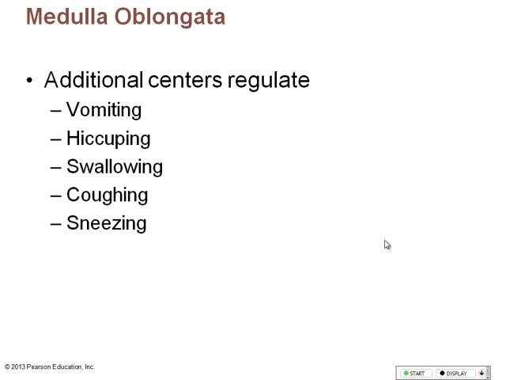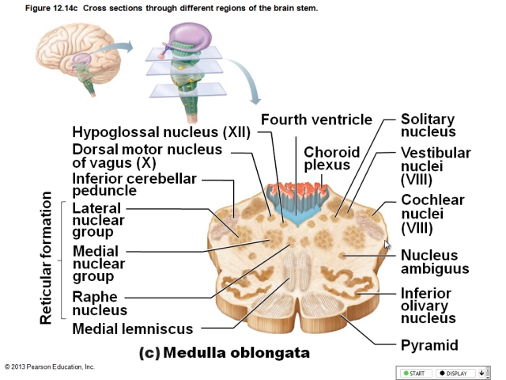We also have additional sort of reflexy centers, vomiting, hiccuping, swallowing, coughing, and sneezing in the medulla oblongata as well. We'll talk about these guys when we talk about the respiratory center and the digestive function later on next semester. So again, a map for you of where we're going to find all of these places in the medulla oblongata.